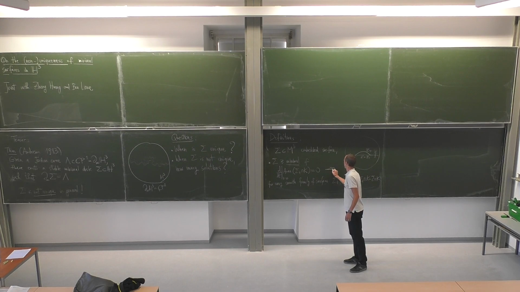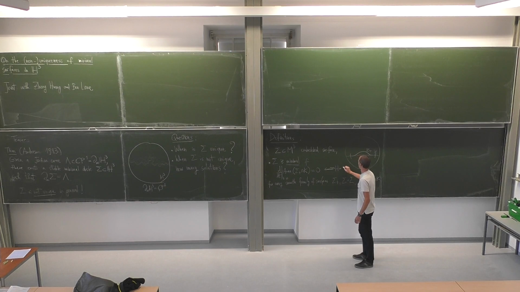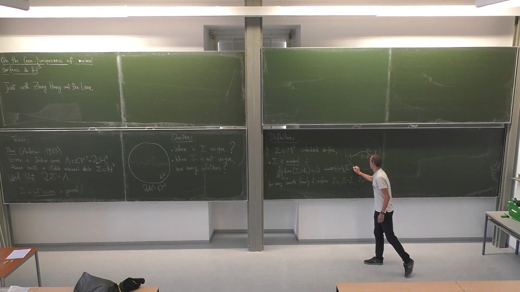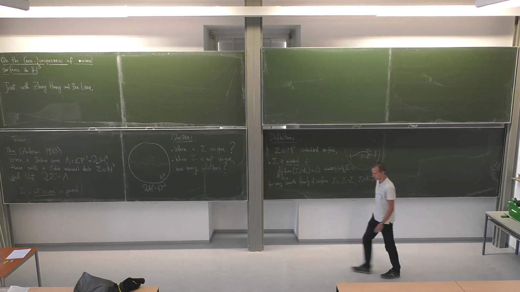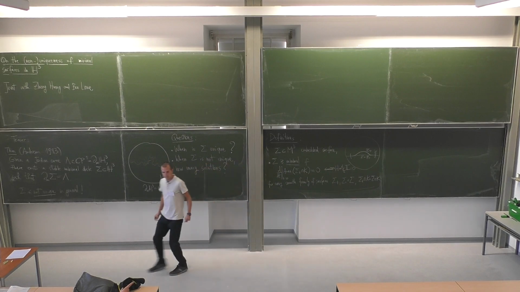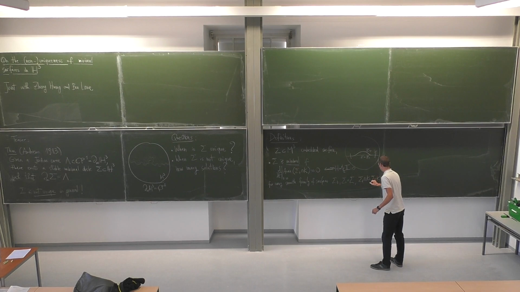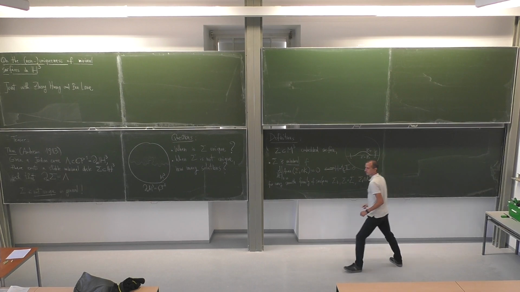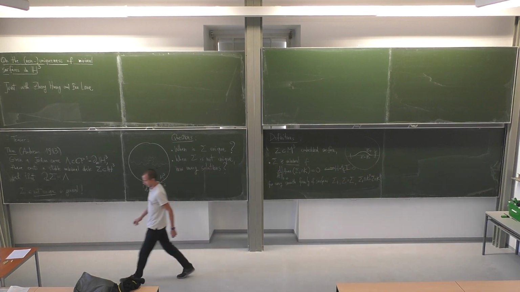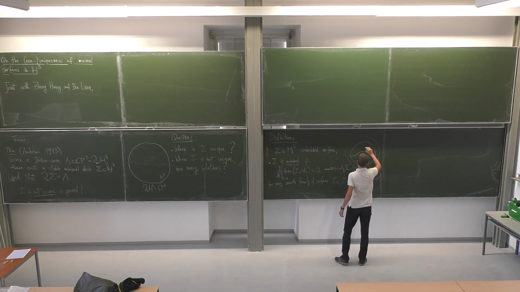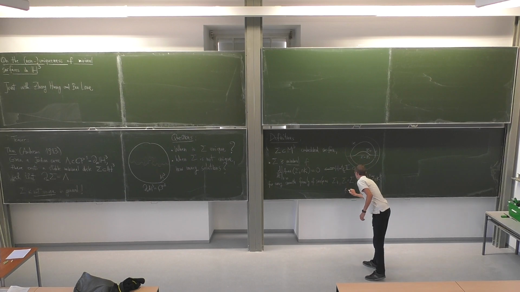And this is equivalent to the condition that H, which is the mean curvature, so the trace of the second fundamental form taken with respect to the first fundamental form, is identically 0. This is the definition. Yes, K is a compact set, something like this.